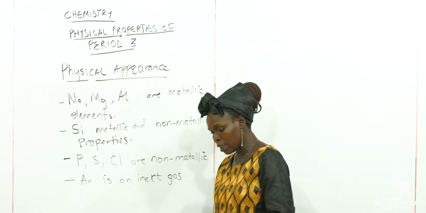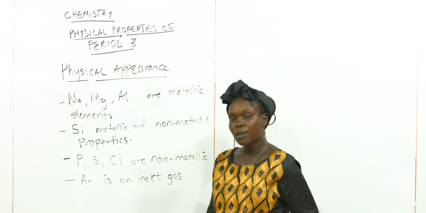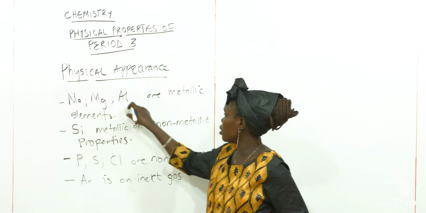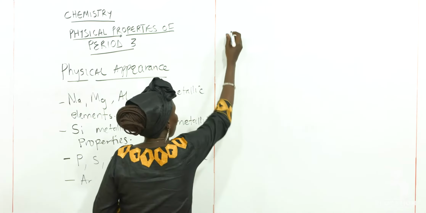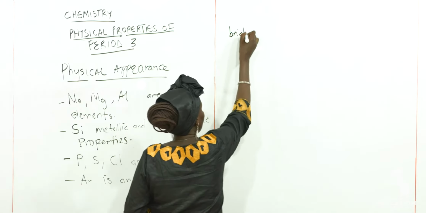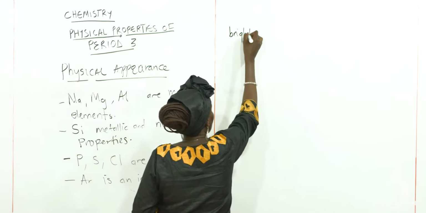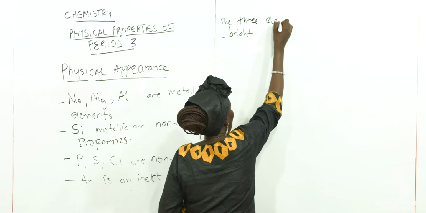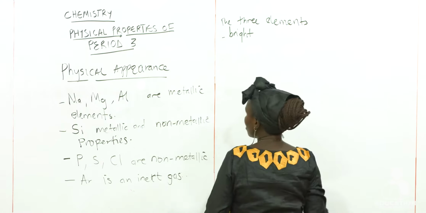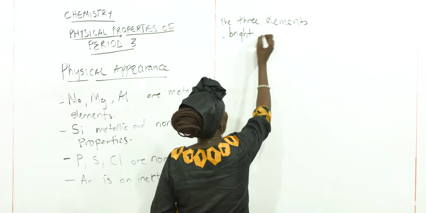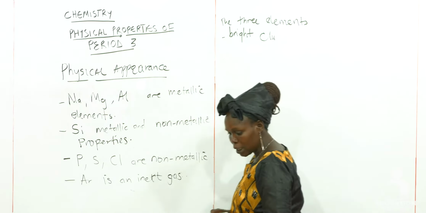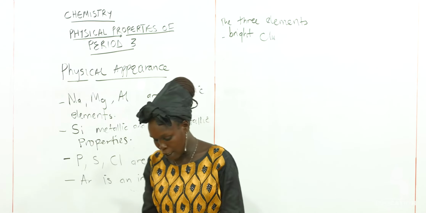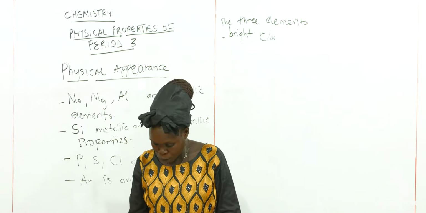This shows that the first 3 elements, because they are metallic, have bright luster. Sodium, magnesium, and aluminium glitter because they have metallic properties.